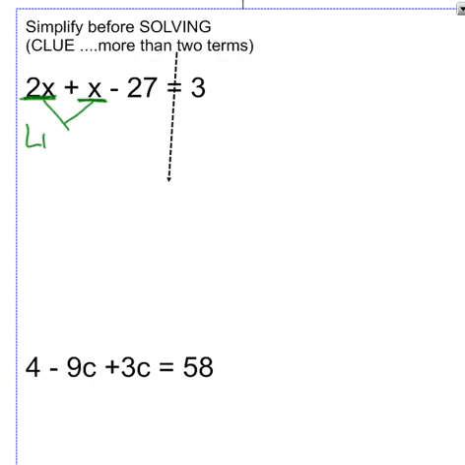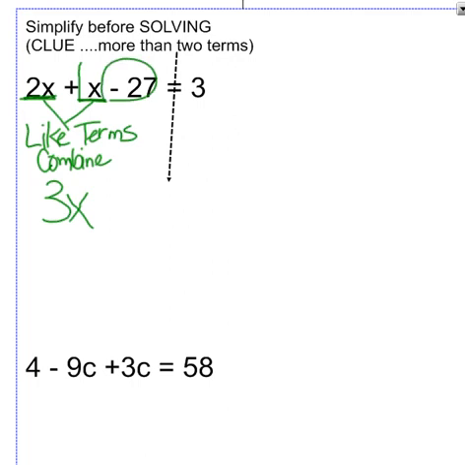In like terms, you can always combine. Combine means either add them together or subtract them. So I have 2x plus x, and x is actually 1x. So I'm going to combine 2x plus 1x, and I'm going to get 3x.